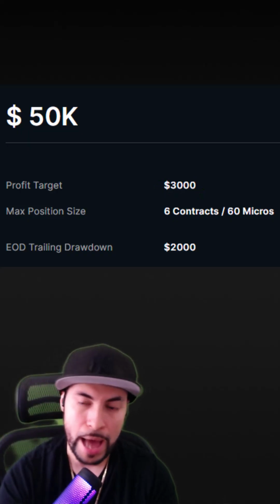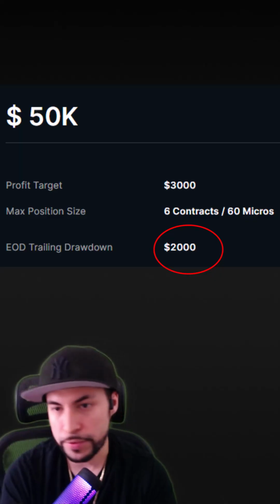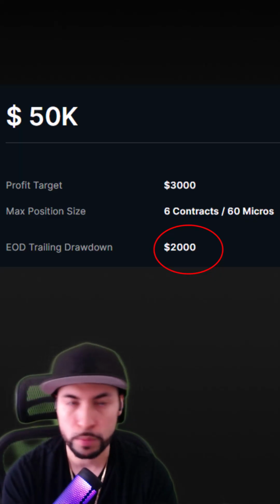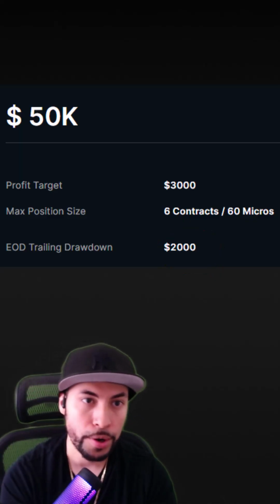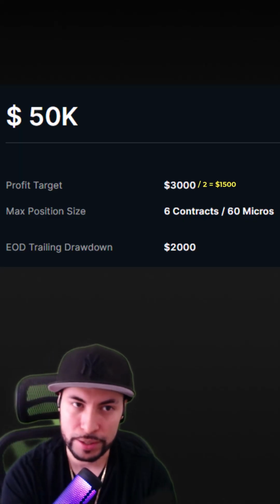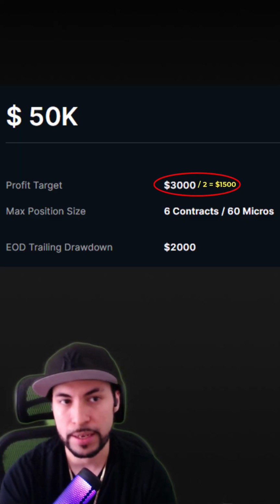Okay. You cannot lose more than $2,000, for example. That's another rule. You cannot make more than $1,500 on a daily basis until you pass the account evaluation. That would be another rule, right? So these evaluations have different sets of rules, and you would have to abide by those rules.